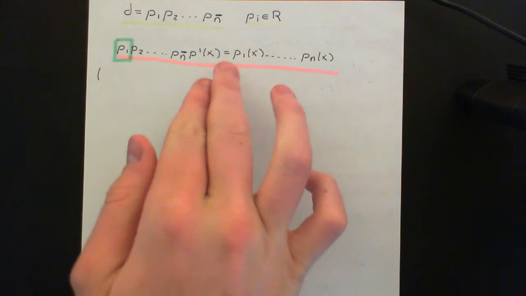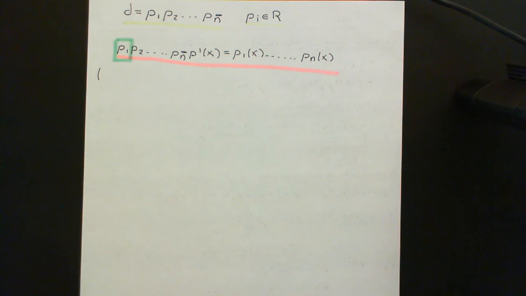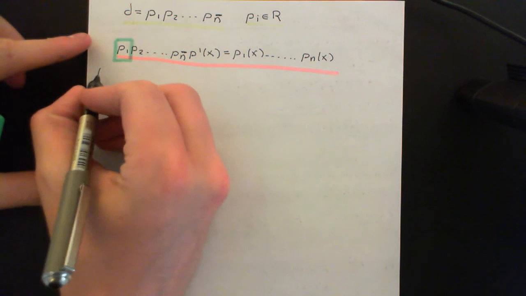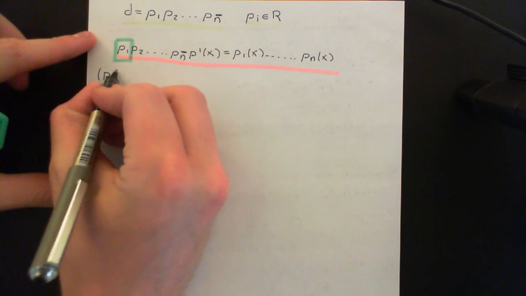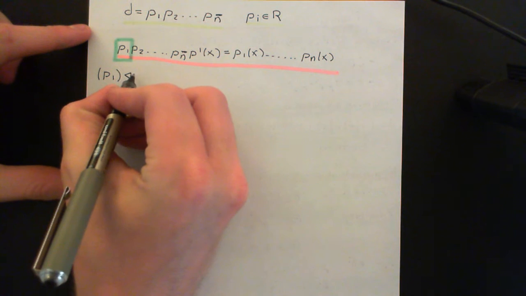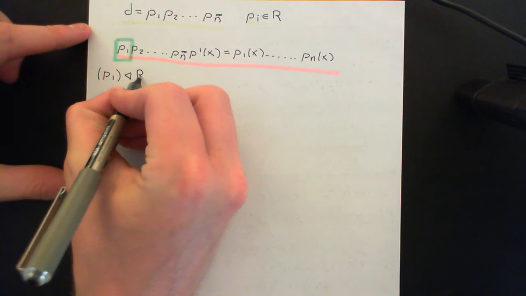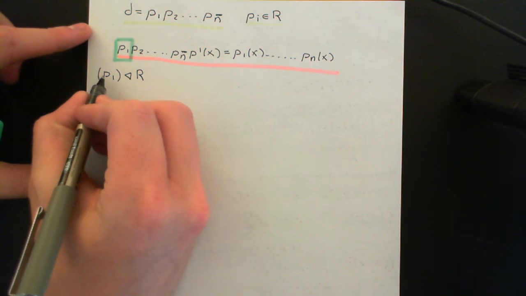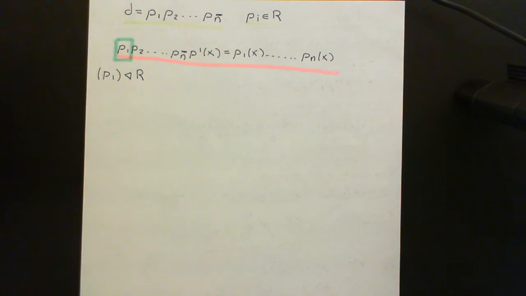To do that, I need to prove that one of these polynomials on the right-hand side has p1 as a common divisor of all of its coefficients, so that I can pull it out and then cancel. So what I'm going to now consider is the principal ideal generated by p1, which of course is going to be a prime ideal in the unique factorization domain capital R. A non-zero prime ideal in fact.